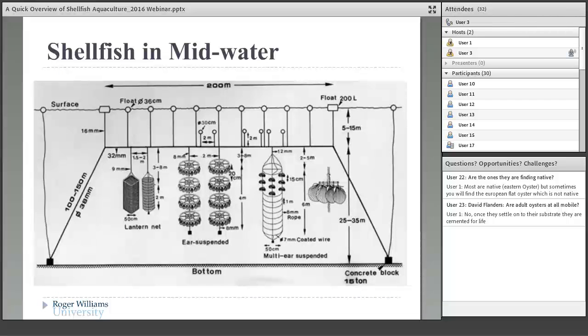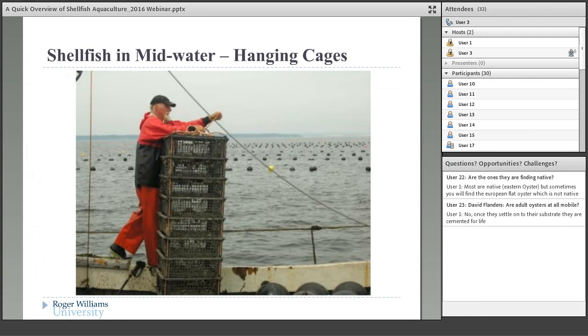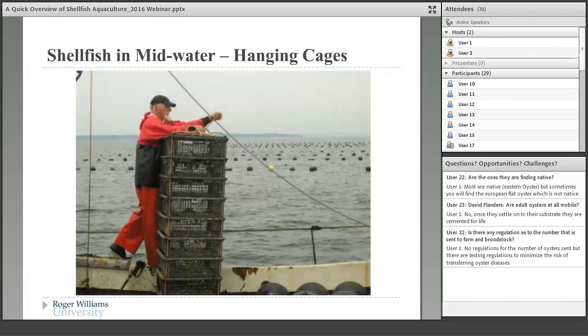If we look at growing these things in suspended culture, this is a diagram from a Japanese document on various ways that one can grow shellfish in suspended culture. In Rhode Island, we do have a few farms that are using suspended culture, and they're using these stacks of plastic trays or cages that each level holds a certain number of oysters, and then each stack of cages is hung off one of those black buoys that you see in the background.